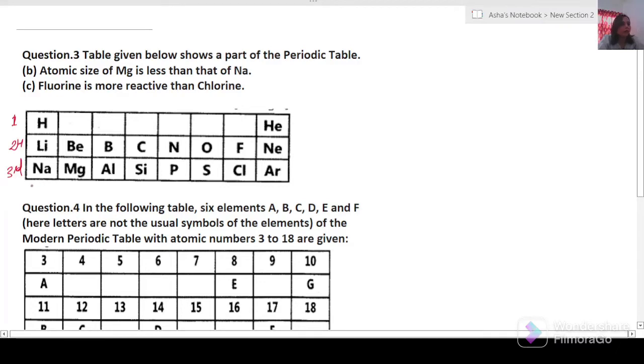Now sodium and magnesium: as we move in a period from left to right, the atomic size keeps on decreasing. Why? Because the effective nuclear charge is more as we go from left to right in a periodic table. So the sodium size will be more as compared to the magnesium. So atomic size of Mg is small.